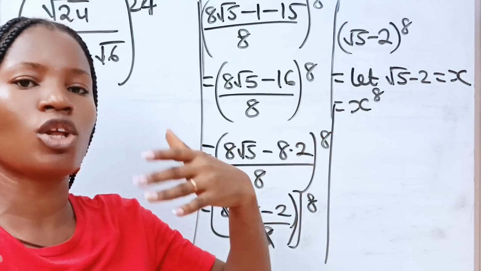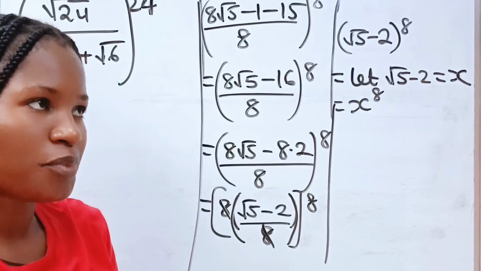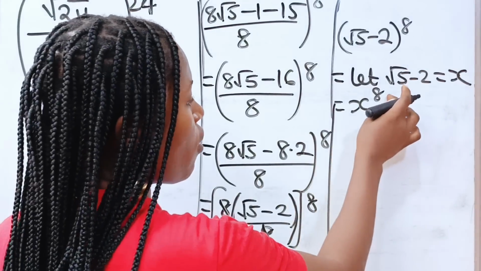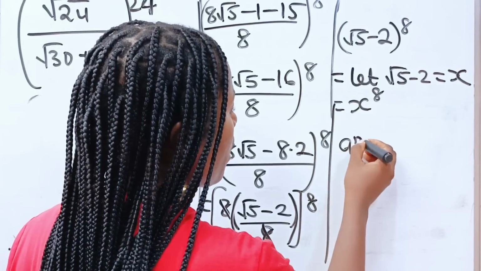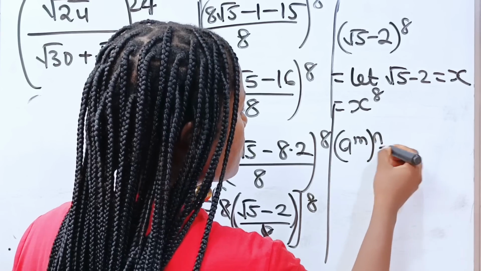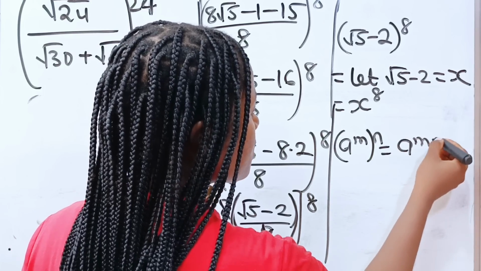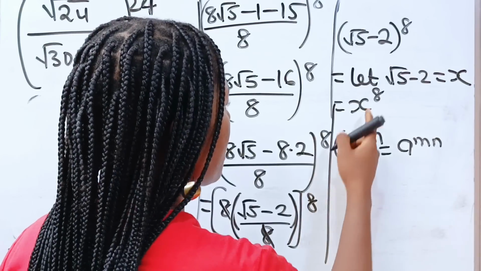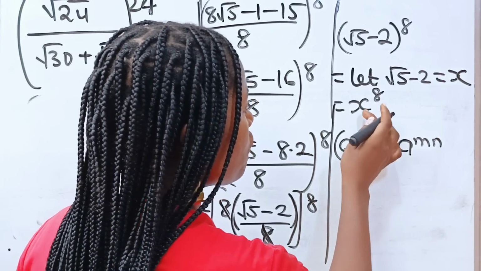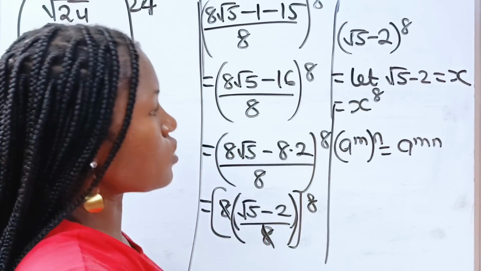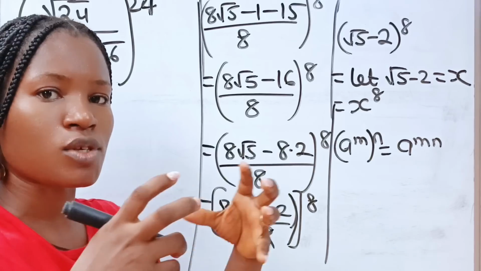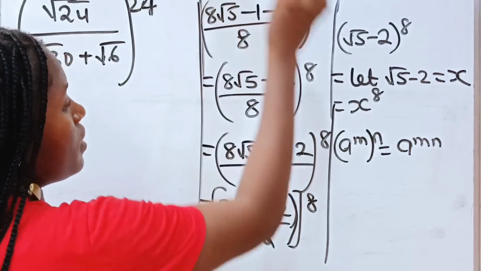Remember that using the law of indices or exponents, when you have a to the power of m raised to the power of n, it is equal to a to the power of m times n. All right, so that means that this is the same thing as, if I can get factors of 8, then I will multiply them together. All right, see, this is what I mean.